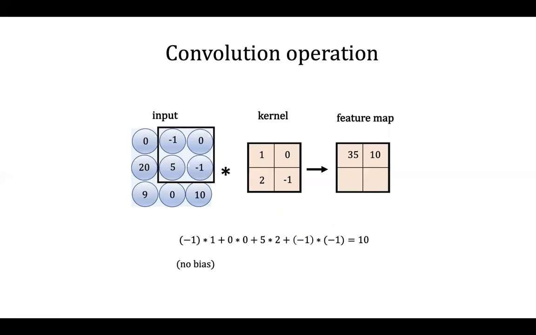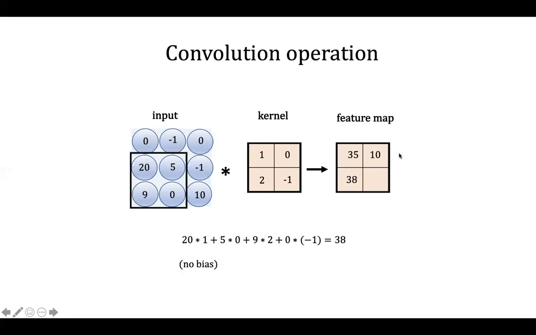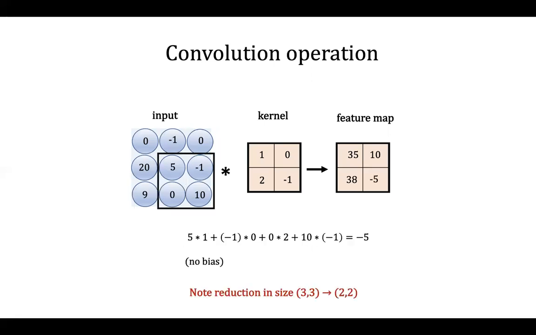What we do then is slide this kernel by one step, or one pixel, and perform the same operation again: -1 by 1, 0 by 0, 5 by 2, and -1 by -1. And the sum is 10. Then we go back to the left and down by 1 pixel and do the weighted sum again. And then moving by 1 step to the right, the final value of the feature map is -5.